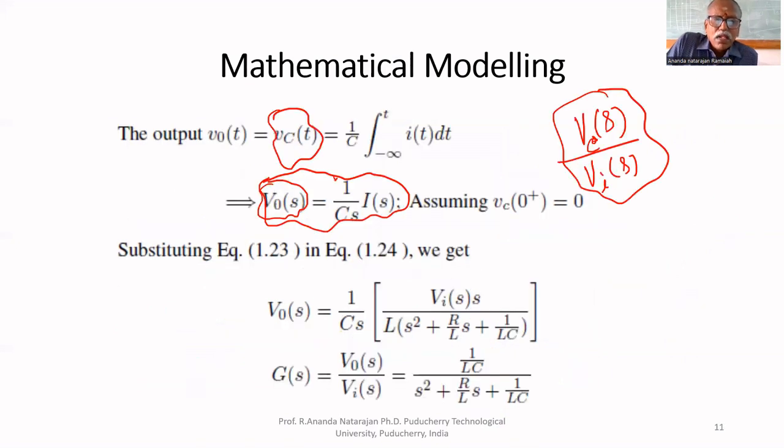So now the transfer function of the given electrical system can be called G of S. The output of the system is assumed as V naught of S, that is, the voltage across the capacitor. What is VI of S?